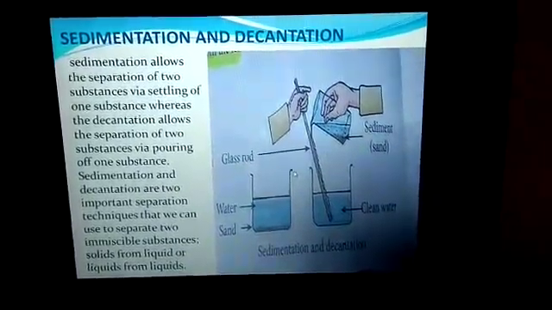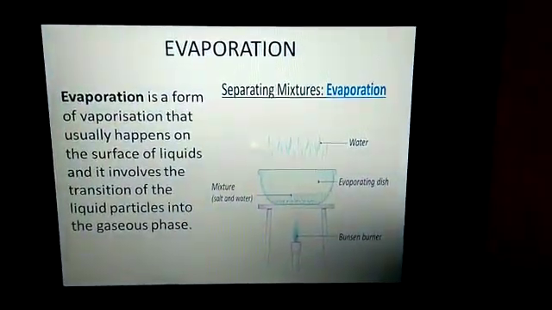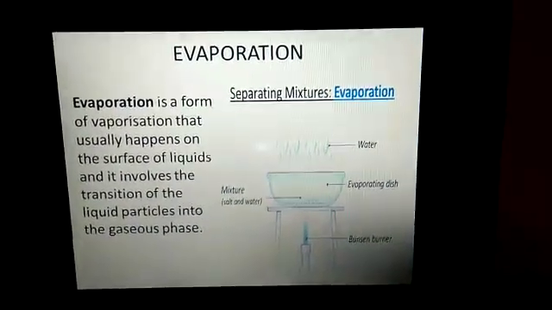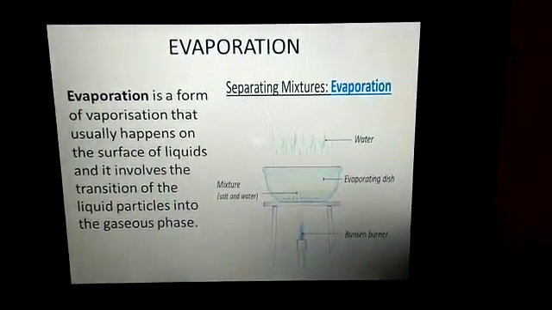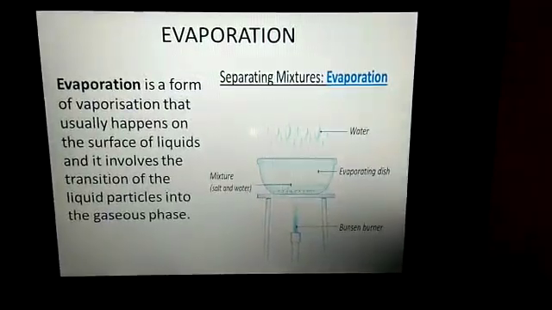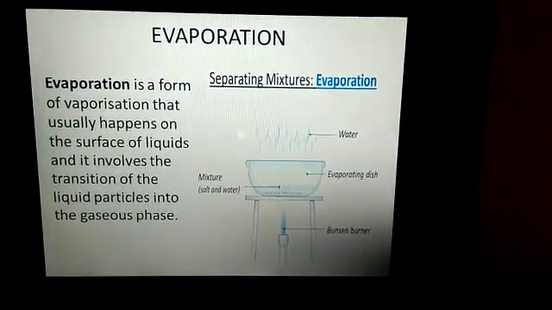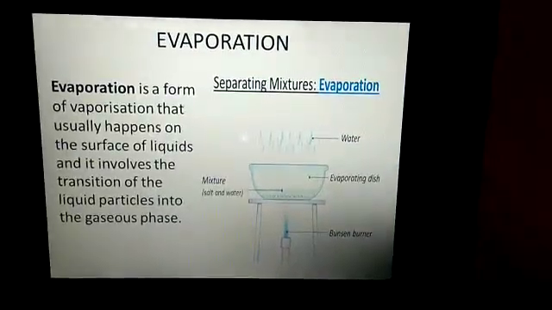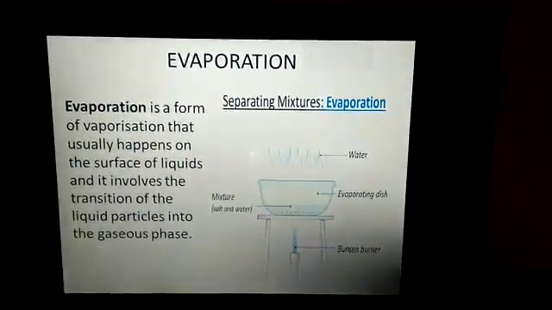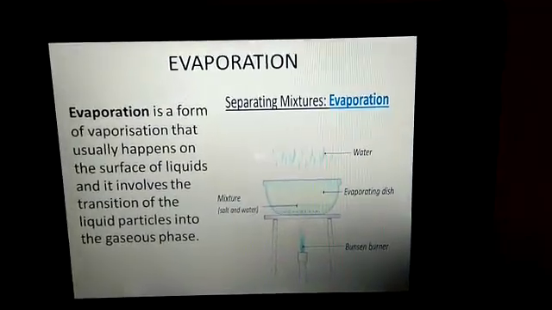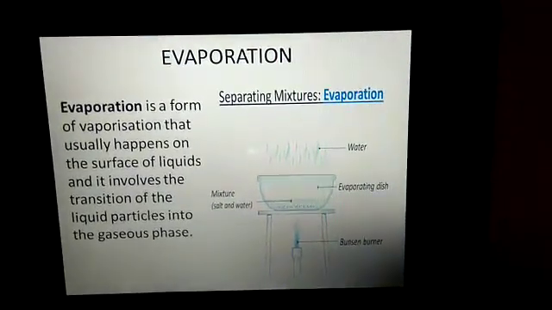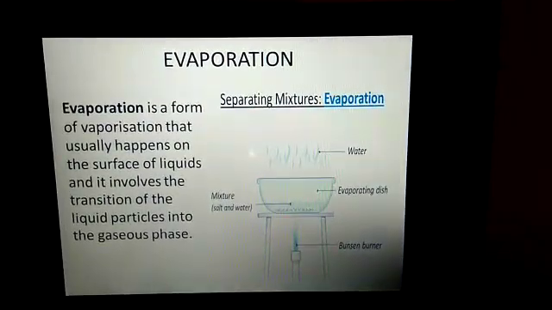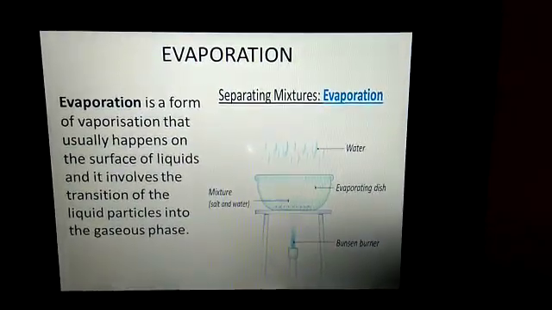Now the next method is evaporation. Evaporation is a form of vaporization that usually happens on the surface of a liquid, and it involves the transition of liquid particles into the gaseous phase. Evaporation can be brought about by exposing the liquid to air or by heating.